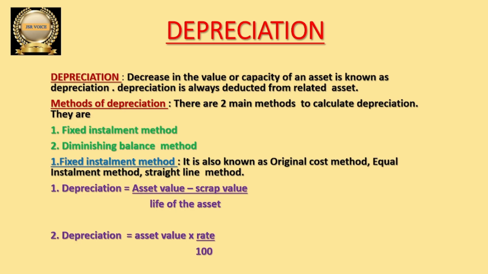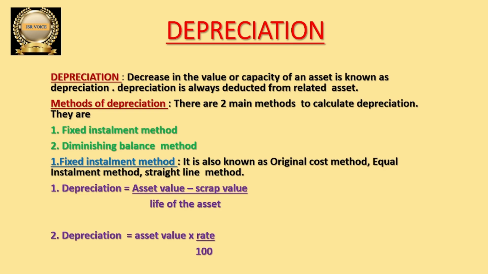If the rate is not given in the question and the information is suitable for the first formula, then you should take the first formula only. If the rate is given, take the second formula. If the rate is not given, take the first formula. That's it. Hope this is clear to everyone.